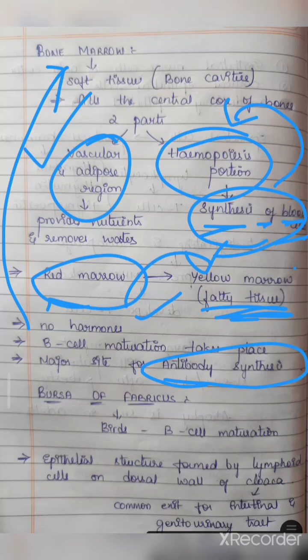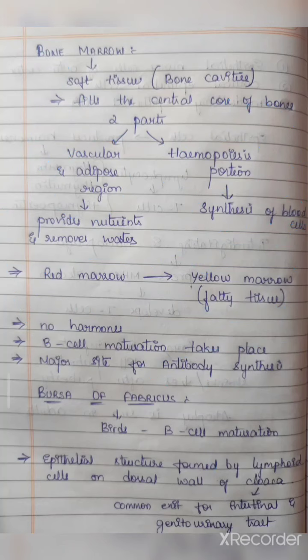Birds also have a thymus, and they have the bursa of Fabricius for lymphocyte maturation. The bursa of Fabricius structure is similar to that of the thymus, which has epithelial cells, medulla, cortex, etc. It is present on the dorsal wall of the cloaca.